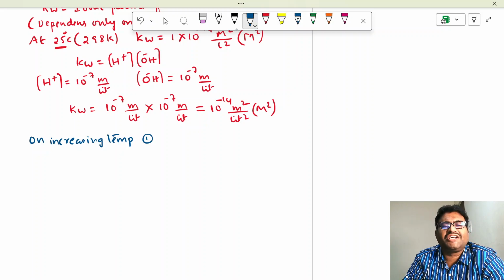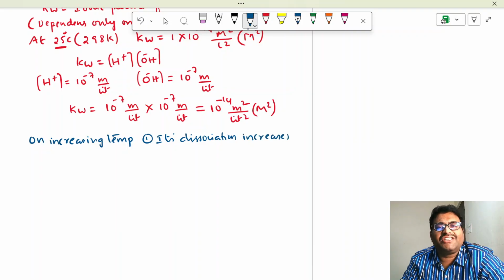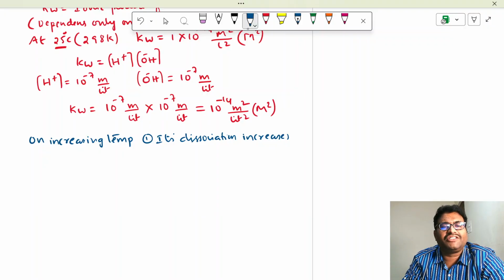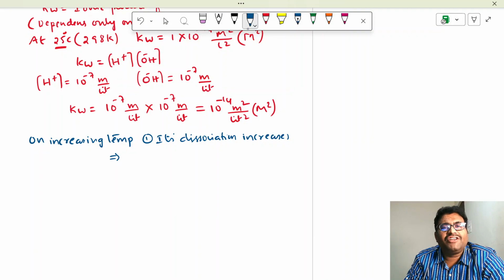Water's dissociation, its ionization, increases.